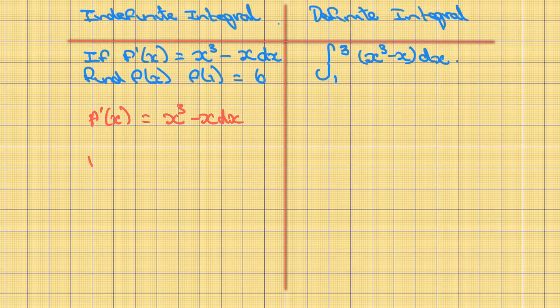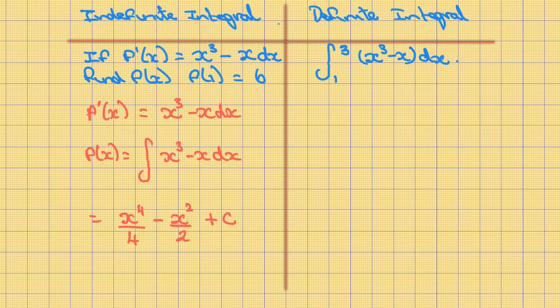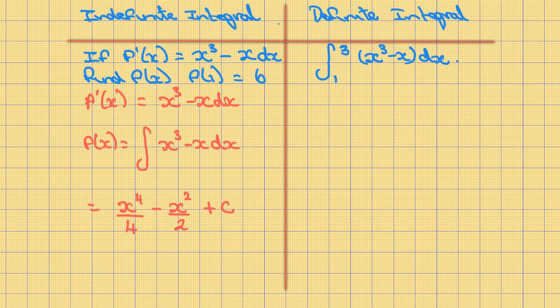Well, f of x is equal to the integral of x cubed minus x dx, which is equal to, add 1 to the power, x to the 4 over 4, minus x squared over 2 plus c. I will just move this up to give myself a little bit more space.